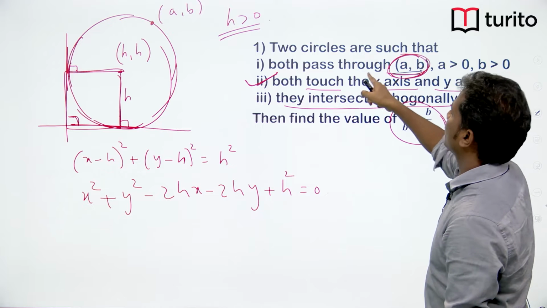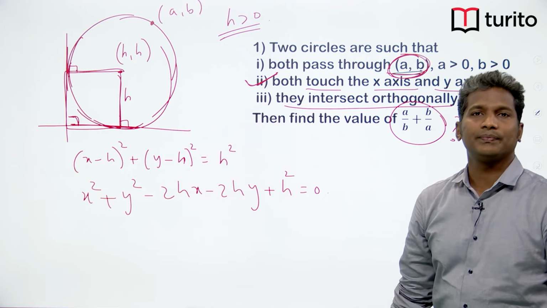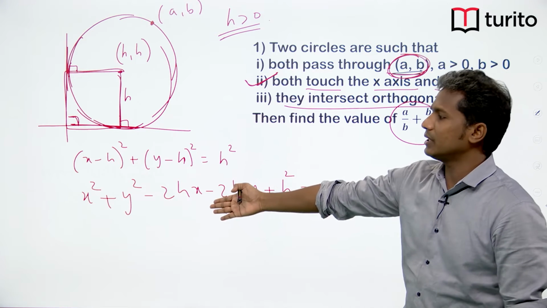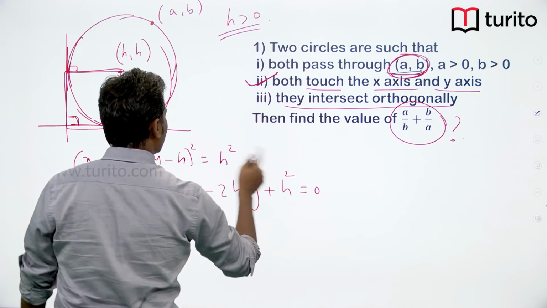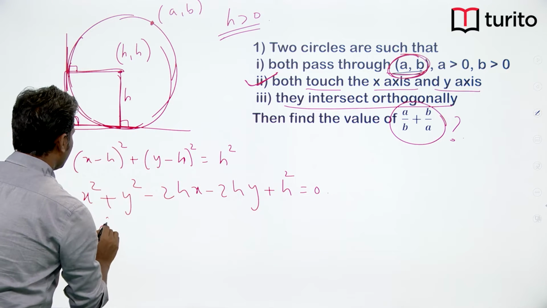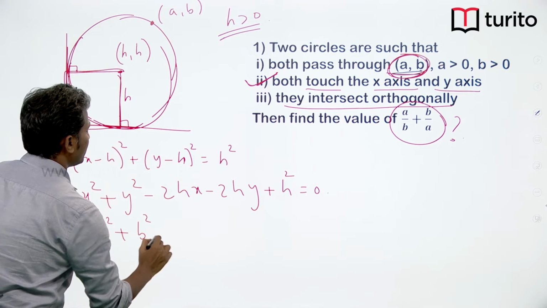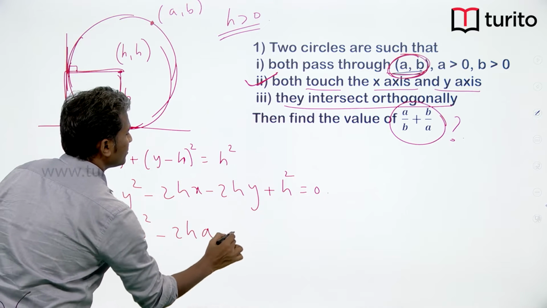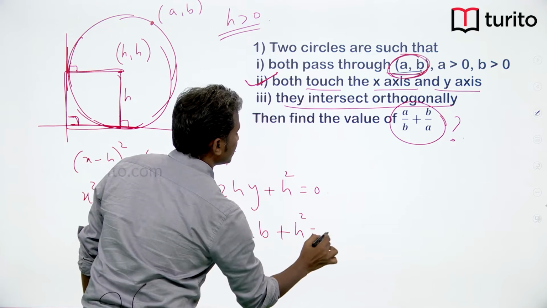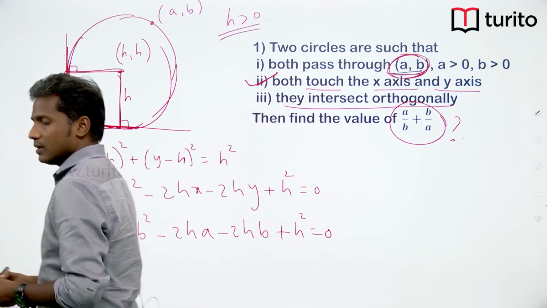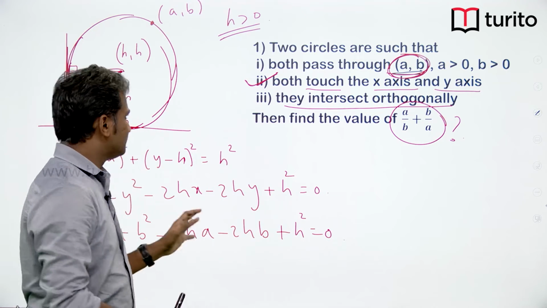So, it says circles have to pass through a comma b. Okay. So, if I substitute here, I will get one condition in terms of A and B and H. So, I will get something like A square plus B square minus 2HA minus 2HB plus H square is equal to 0. Okay. Now, look at this equation.